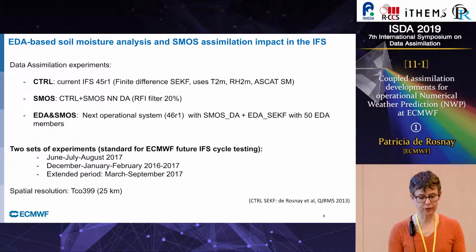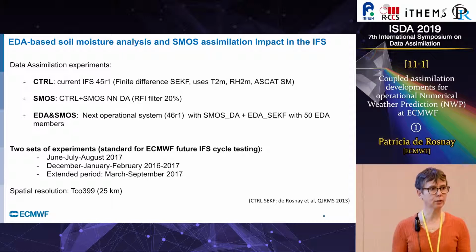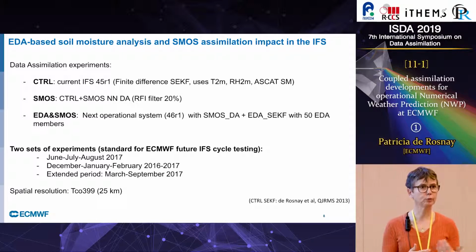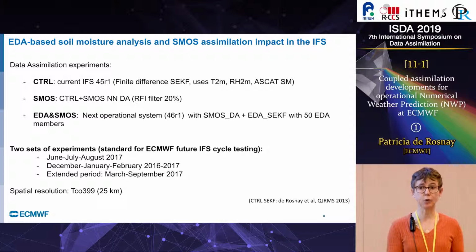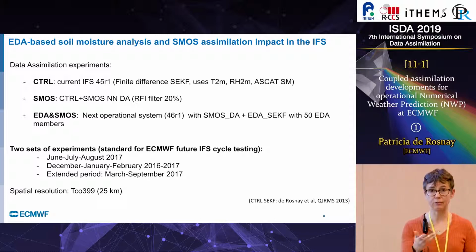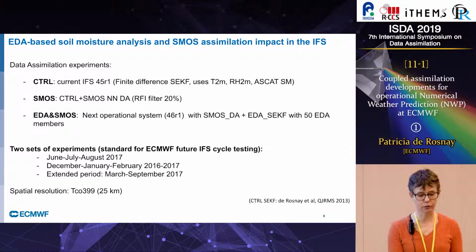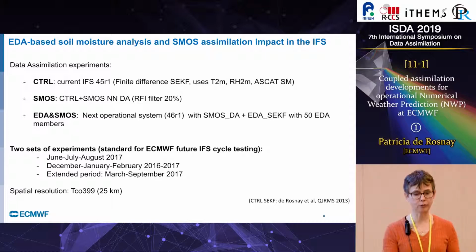So we filter these RFIs. And then a third experiment where not only do we assimilate the SMOS neural network product, but we also use the EDA to compute the Jacobians to replace the finite difference computation. And we run these experiments for different periods: June to August, December to February, and March to September.